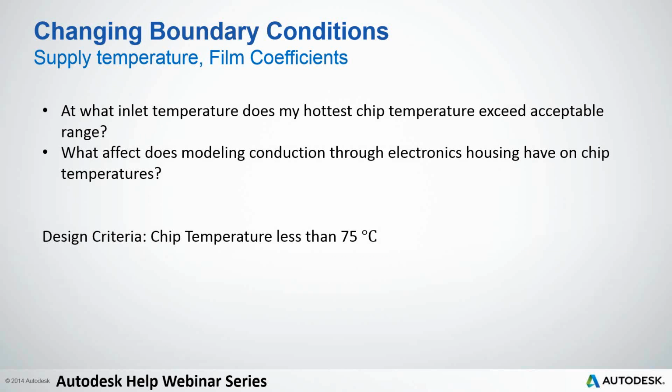What if I meshed it and put a film coefficient on the outside? How is that going to change the overall heat transfer and temperature results here? I figured out pretty quickly online that an average chip temperature needs to be less than 75 C for a steady state operating range.